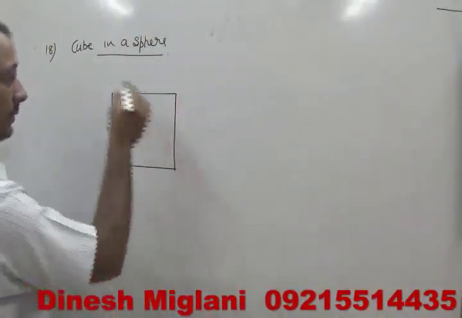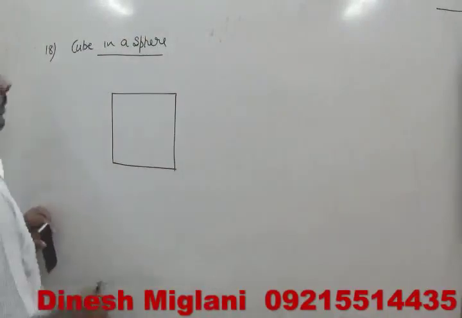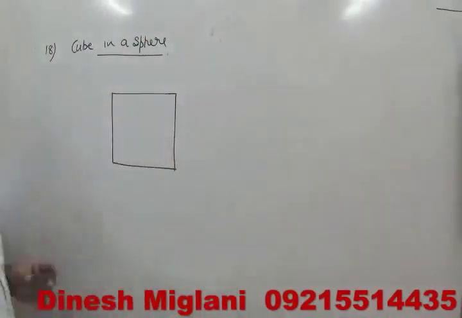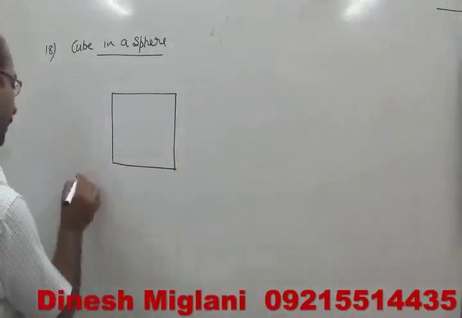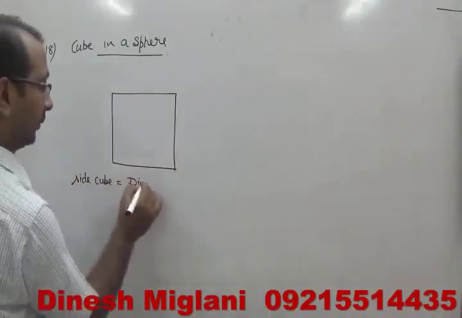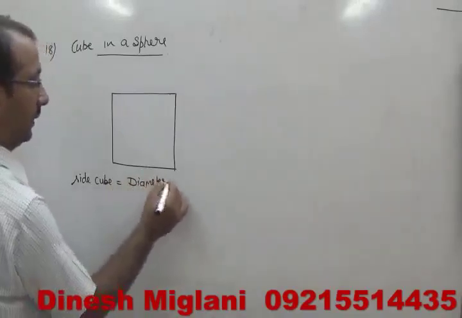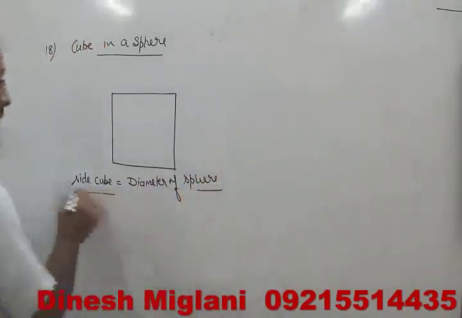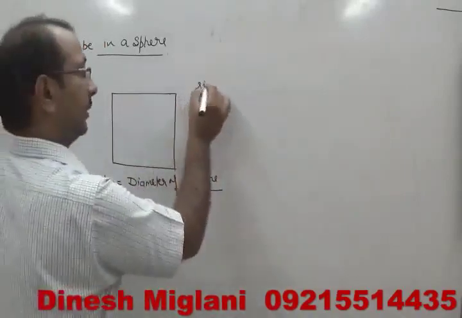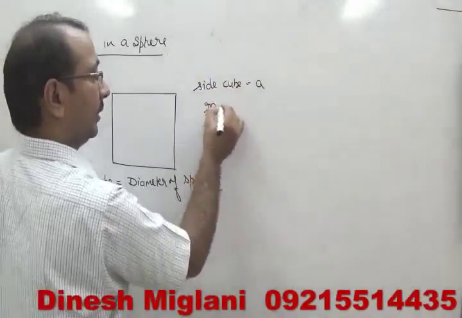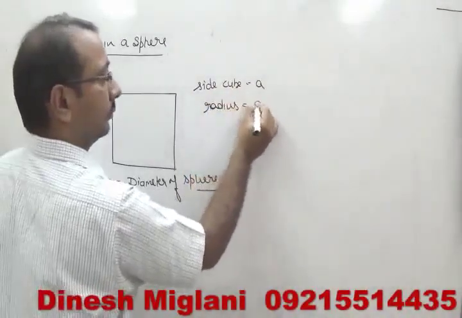We have taken the face of a sphere, and if you make a cube around it, the side of the cube is equal to the diameter of the sphere, right? It means, if the side of the cube is given to us as a, the radius of the sphere is a by 2, right?